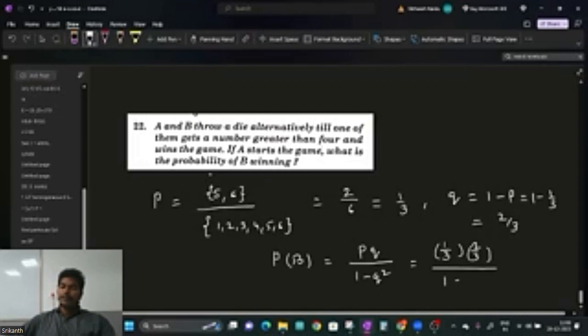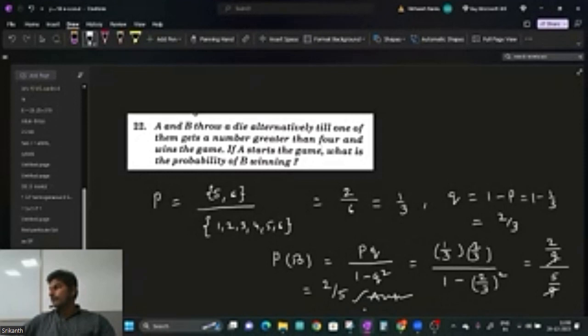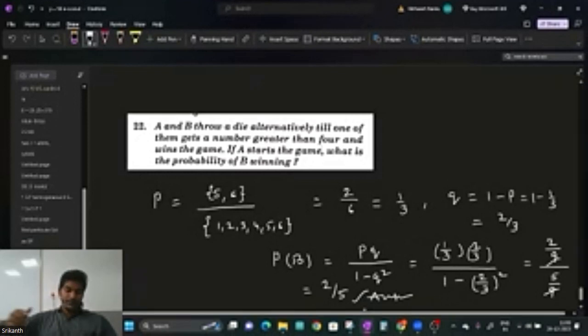Divided by 1 minus Q square, which is 1 minus (2 by 3) square. Now can you tell me how much it is? 2 out of 9 divided by 1 minus 4 by 9, which is 5 by 9. Am I right? So 9 got cancelled, and 2 out of 5 is the probability for this question. This is the answer.